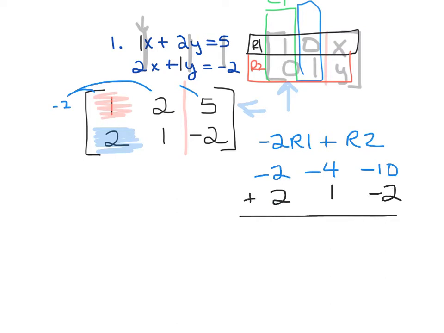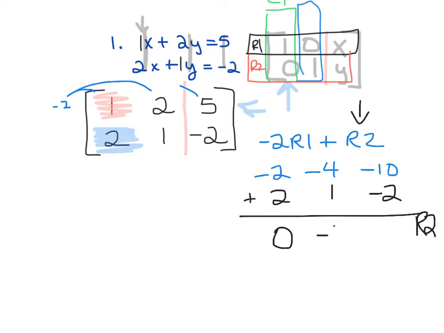Now this is just my work. You can be doing all these calculations in your head if you'd like. You don't need to write this part down. The only thing that's required for me to see is the left side of the paper. So I'm going to add this up. The answer to this addition is going to become my new row 2.